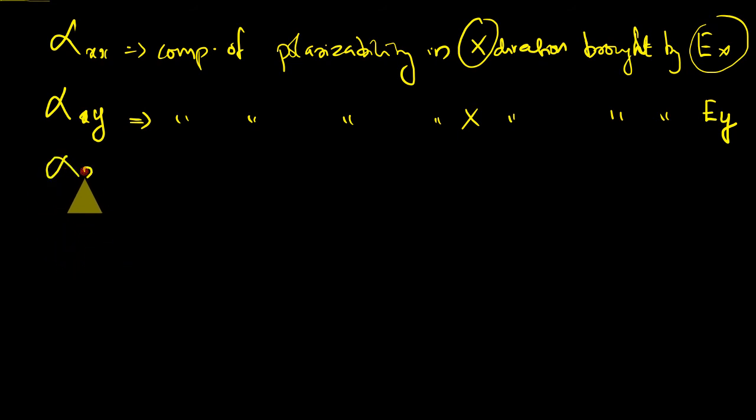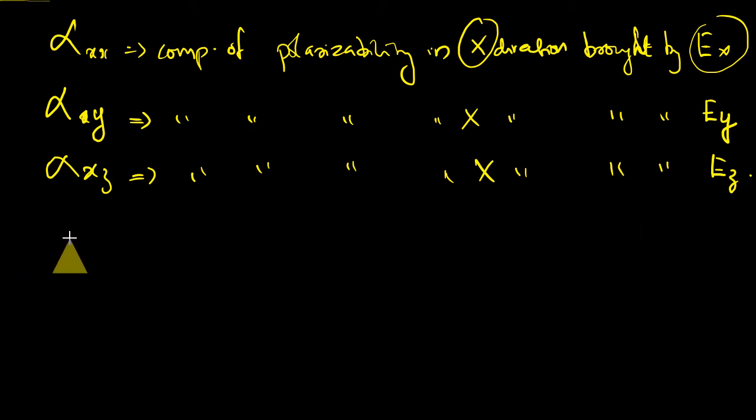And alpha xz is the component of polarizability in the x direction brought by the electric field in the z direction. See, I have alpha xx, alpha xy and alpha xz. These are all components of polarizability in the x direction, but brought by different components of electric field: Ex, Ey and Ez.